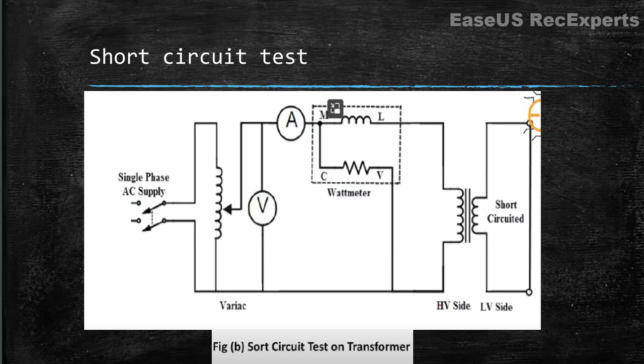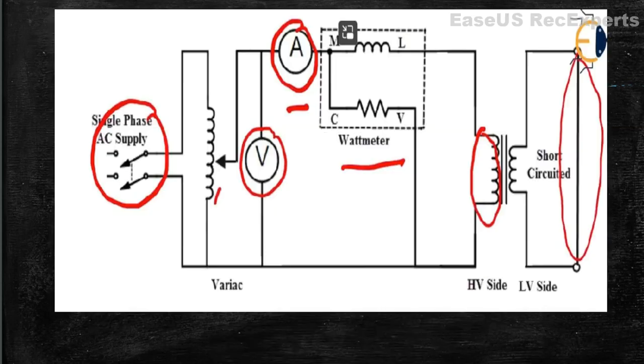Single phase AC supply is given through a variac or any transformer that can provide variable voltage. Then one voltmeter and one ammeter are connected, along with one wattmeter, to the HV winding of the transformer, whereas the LV winding is short circuited.